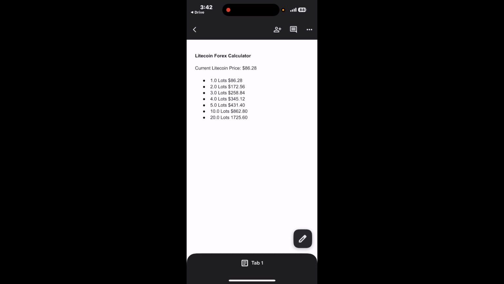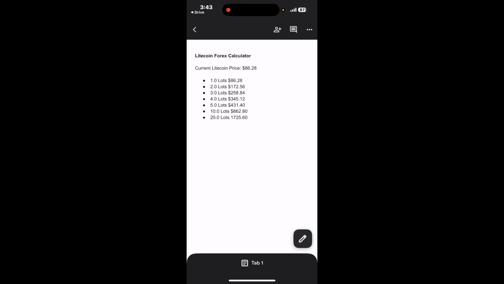Whenever you have generated enough to equal 2 Litecoin, you'll scale up to 2.0 lots. And 3.0 is basically the price of 3 Litecoin at the current time.